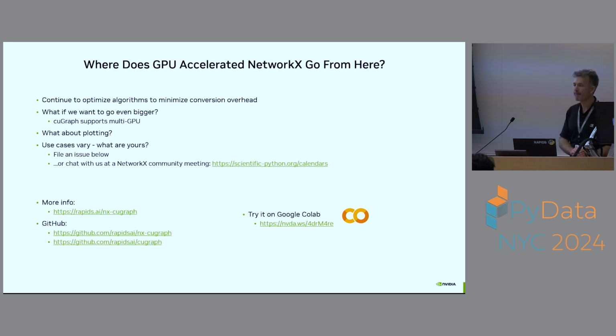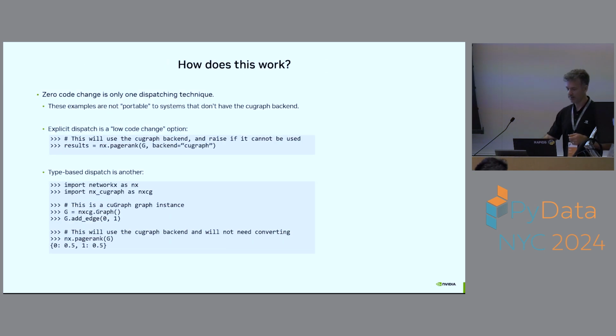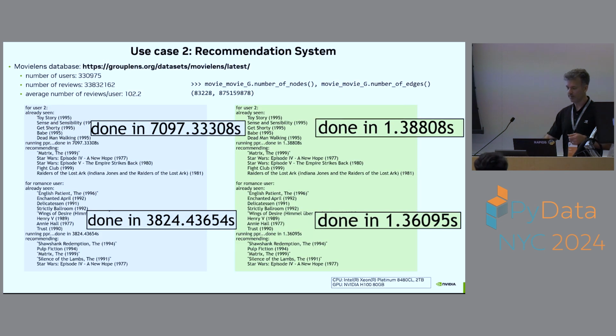You showed benchmarks, and you used different GPUs for those benchmarks. Are there any guidelines on the hardware for different types of algorithms or any hardware issues that we need to be aware of? Right. In other words, there's not a GPU that's optimized for a particular algorithm. Typically, we just go bigger GPUs, like this giant recommendation.